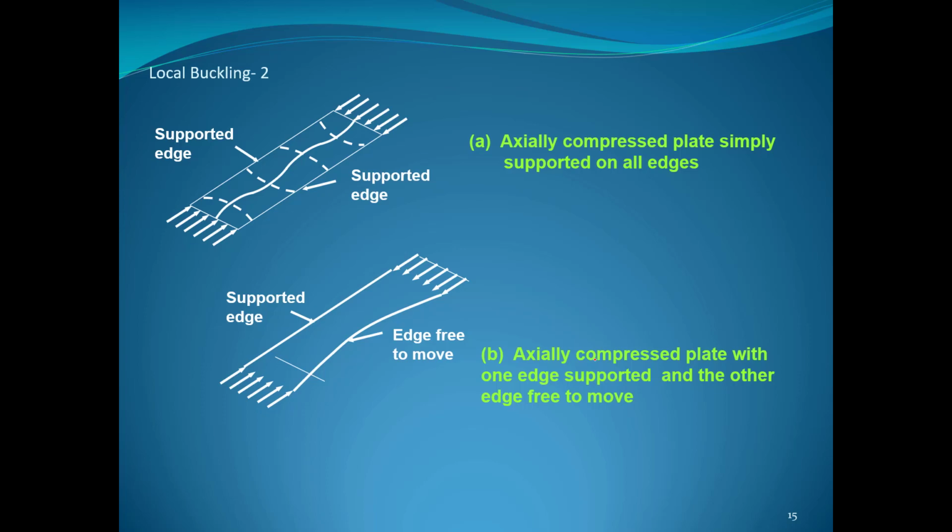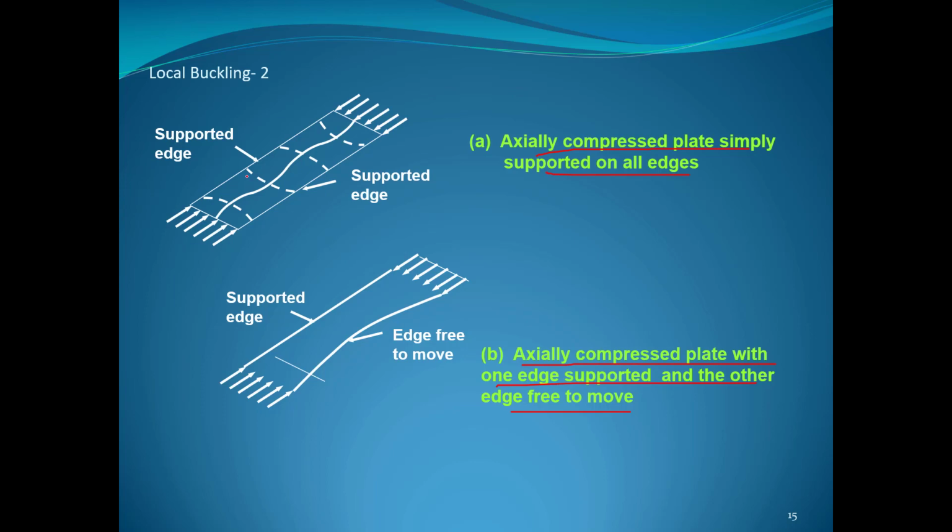So this shows the theory portions. The first one is the axially compressed plate simply supported on all the edges, and the second one is the axially compressed plate with one edge supported and another edge free to move.